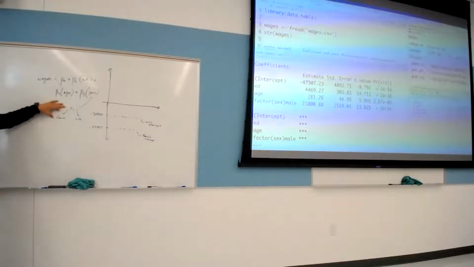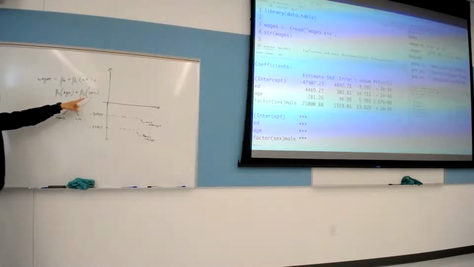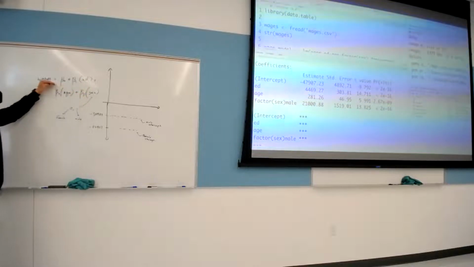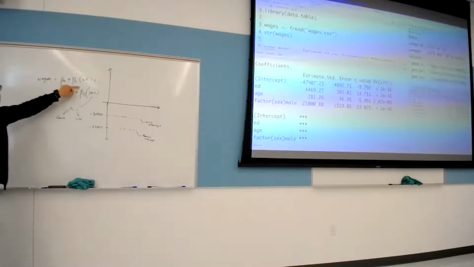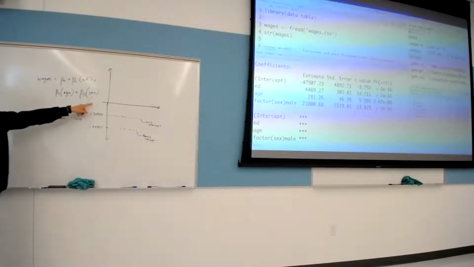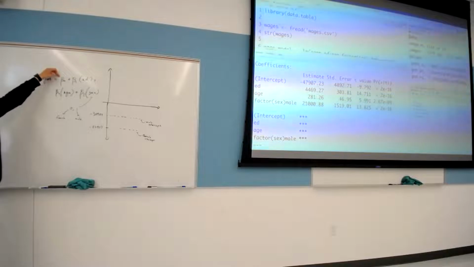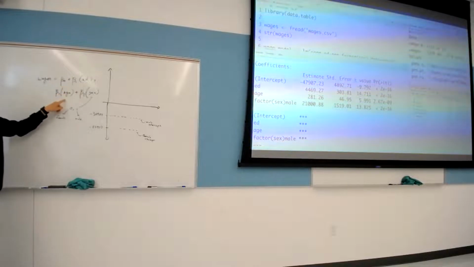So when you're 0 here, this will be beta 3 times 0, so this value becomes 0. So the female is the intercept plus your education effect plus your age effect. The male one is beta 3 times 1. So beta 3 is this 21,000. So it'd be 21,000 plus your intercept, and then plus the effect of education and age.